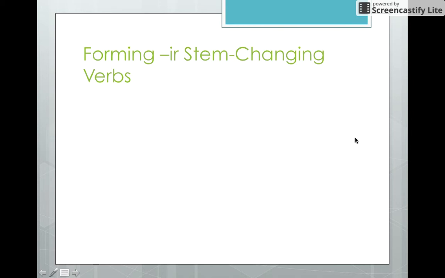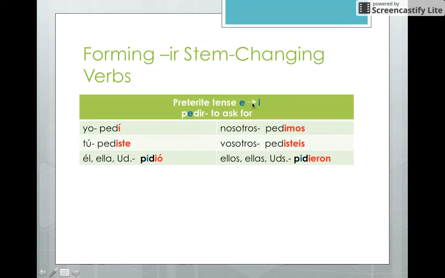So when we're forming IR stem changing verbs, we need to remember the following. So we are going to look first at E to I stem changing forms for the verb pedir. So we have pedir, and you have E right here. So let's take a look at the change. Yo pedí, tú pediste, él, ella, usted pidió.